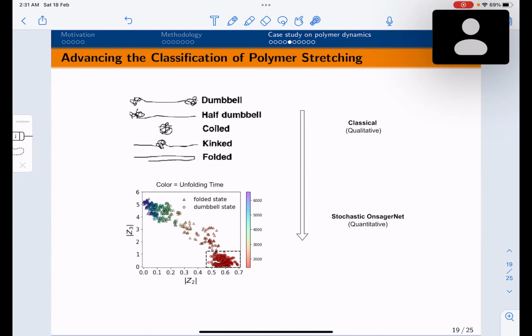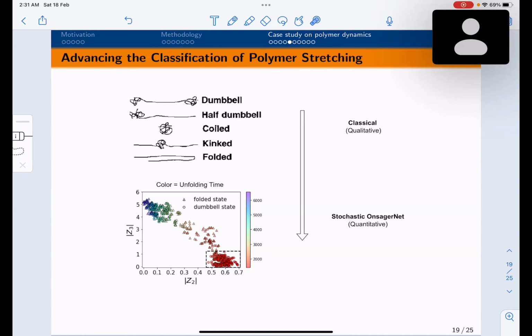So here the yellow one and the red one mean the high dimension coordinates of the polymer, and the black one means our learned coordinates, the low dimension coordinates. We can see now this black point is near the saddle point, and the polymer is in the folded state. It's stuck at this point, right?